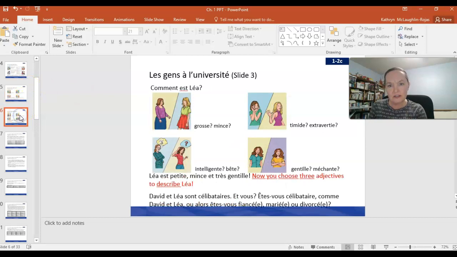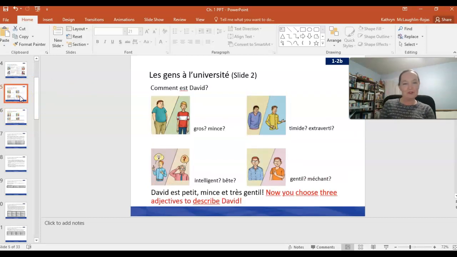That's coming up next. So we'll just talk about the masculine forms here. So I can describe David using any of these adjectives. All of these adjectives are in their masculine forms. So you'll see on the next slide that we will use these same adjectives to describe a female.